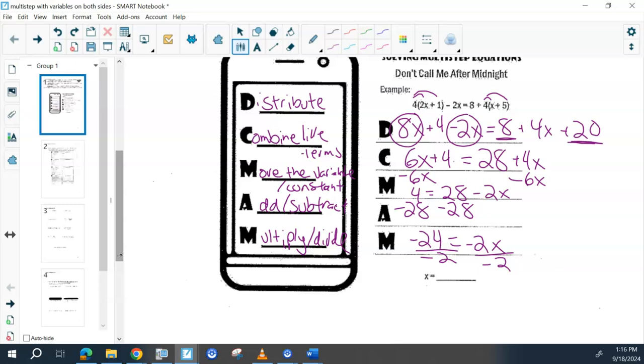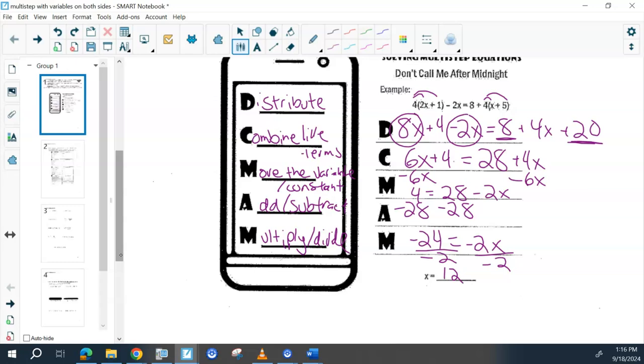It'd be positive because these are both negative. Questions on that process? On to the next page if there are no questions.